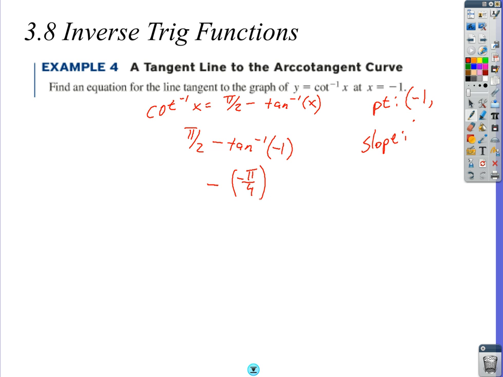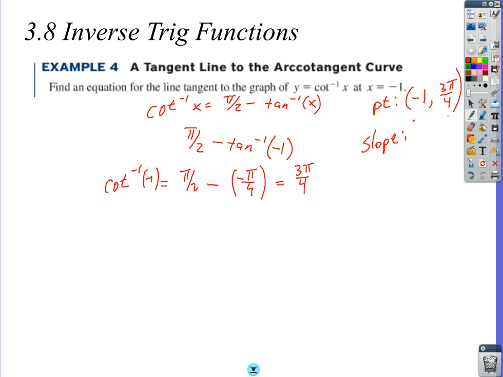And so I have pi over 2 minus negative pi over 4, which is equal to a positive 3 pi over 4. Well, what is that? That's when I plugged in -1, so this is my value of cotangent inverse at -1. So that's my y coordinate, 3 pi over 4.